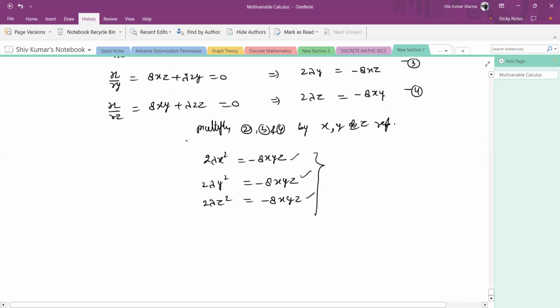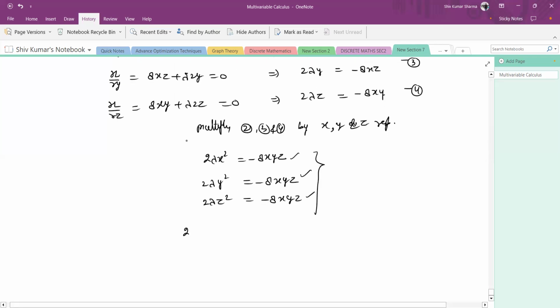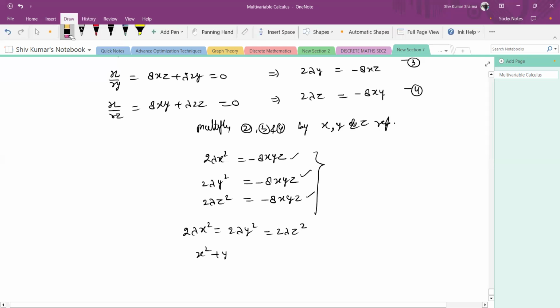So 2 lambda x square is equal to 2 lambda y square is equal to 2 lambda z square. This gives us x square equal to y square equal to z square, which can be written as x equal to y equal to z.